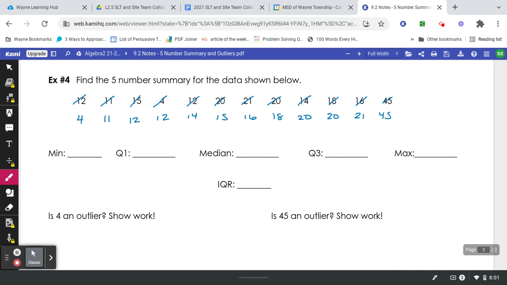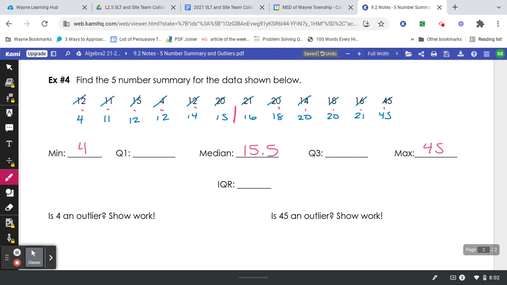All right, there we go. Minimum of 4, maximum of 45, median, right here in the middle of those two, between 15 and 16 would be 15.5.